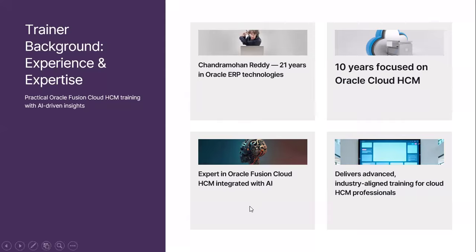We are experts in Oracle Fusion Cloud HCM with artificial intelligence for the last 4-5 months. Last 4-5 months back, we started working with AI in HCM, which is very important because nowadays when we go for an interview, they will be asking you, do you have an idea what are the AI features introduced by Oracle in Human Capital Management?